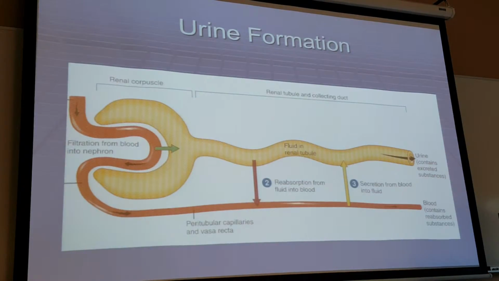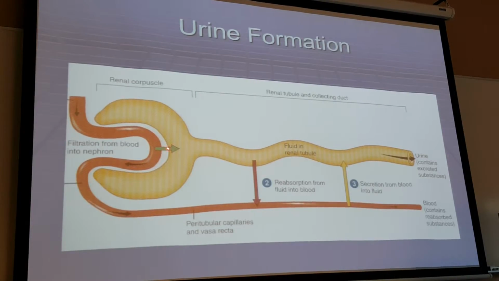So, a nice schematic. We really just have two important stages in urine formation. Okay, there is a third stage, but it involves pH regulation. But in the actual formation of urine, we have glomerular filtration. Okay, it's very non-selective. It's where we take everybody off the bus.